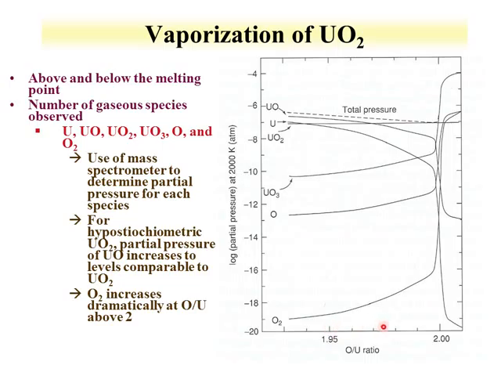And as again we see as we hit 2.00, we see this inflection. We see a change of not only the total pressure, which is shown here. Total pressure jumps up above 2.0, but we also see a change of the species. And again, this is useful for determining the exact ratio of oxygen to uranium.